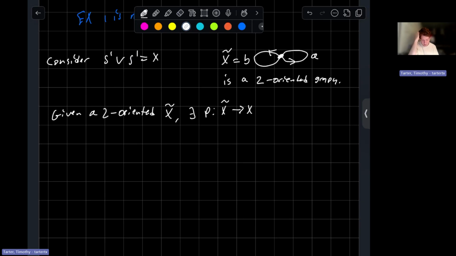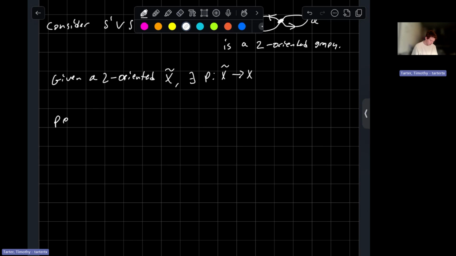It's clear that the covering space condition is satisfied for P. The converse is also true: every covering space of X is a graph that inherits a 2 orientation from X.